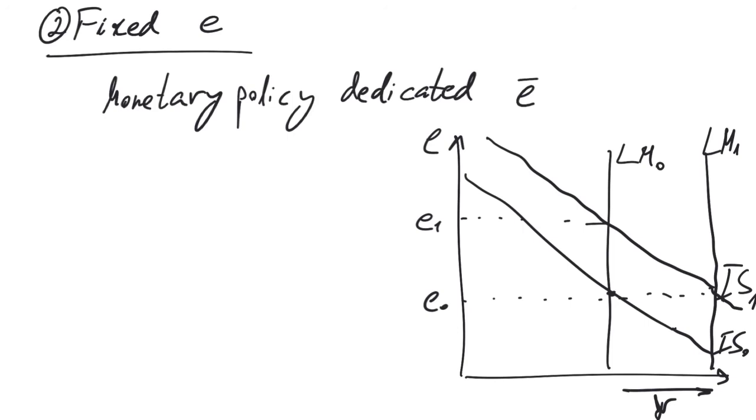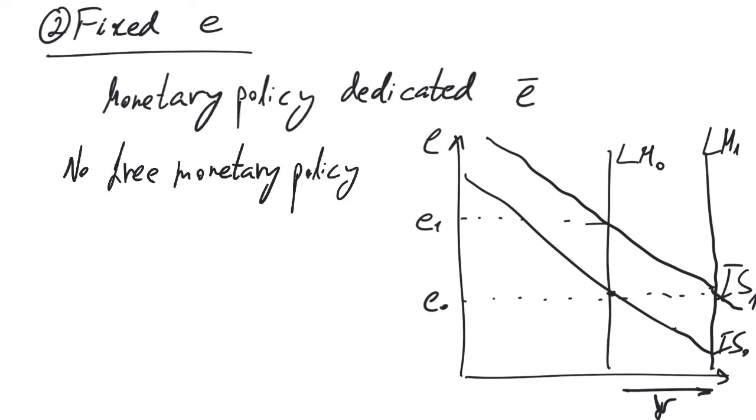So once we are choosing this option of a fixed exchange rate, basically we have no free monetary policy. We can't just move the money supply at will, because that will change the exchange rate.